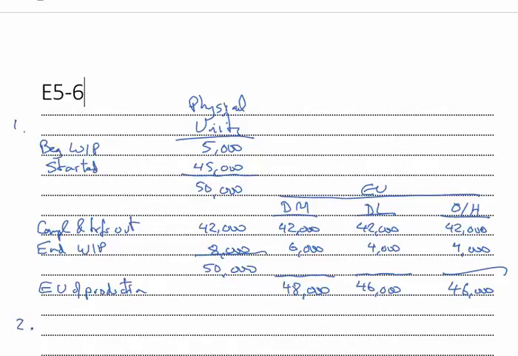All right, cost per equivalent unit. So we've got now dollars. Beginning work in process, and we are told $4,500 worth of materials, $1,250 worth of labor, and $1,875 overhead.